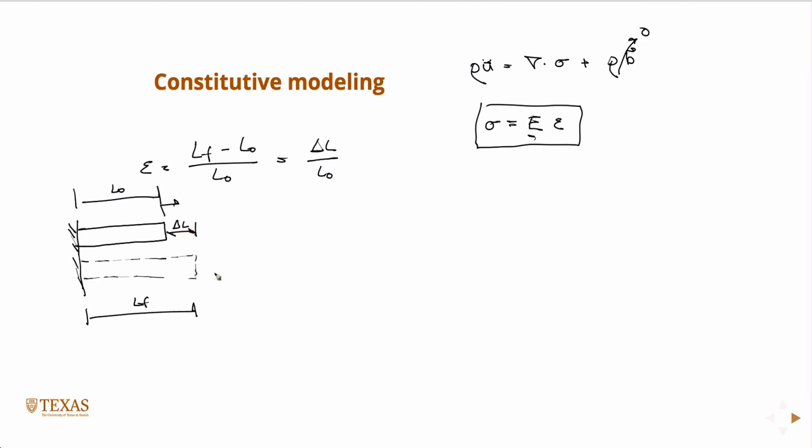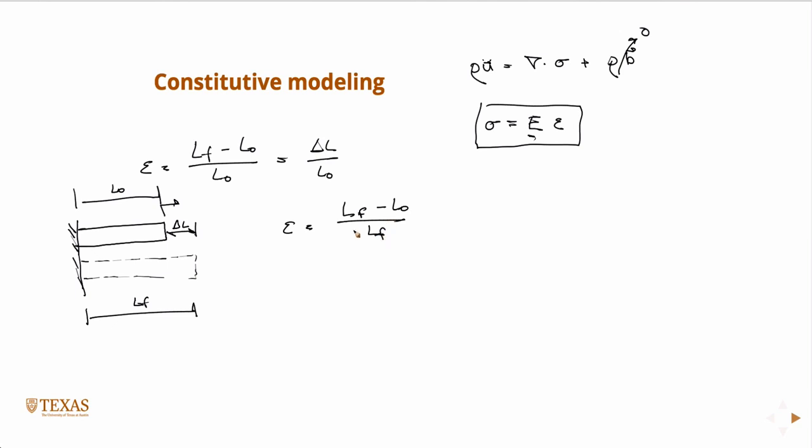So here we chose to divide by the original length. What if instead I had the change in length over the final length? What if I said instead that strain is equal to L_F minus L0 over L_F?